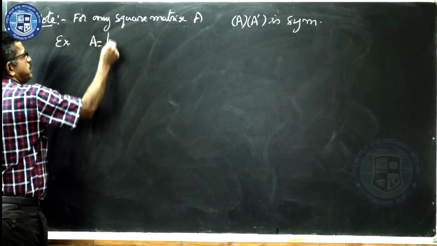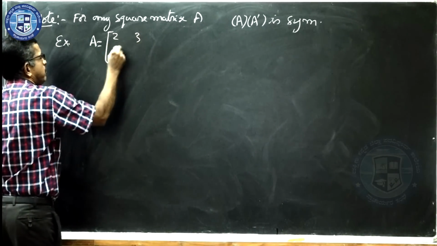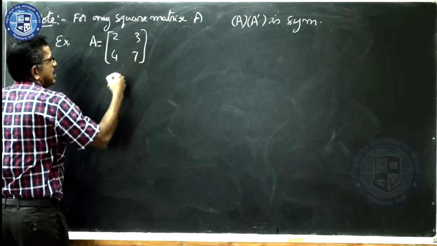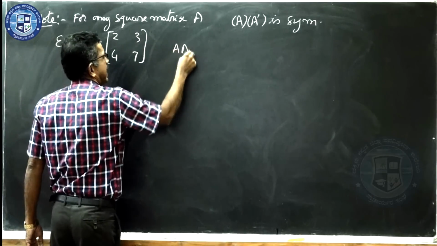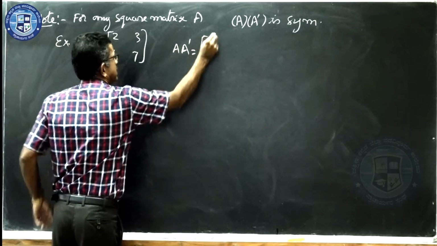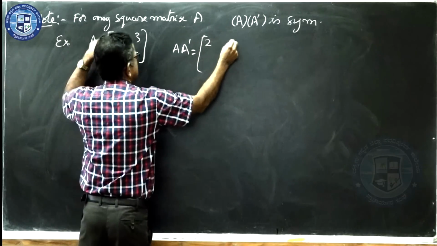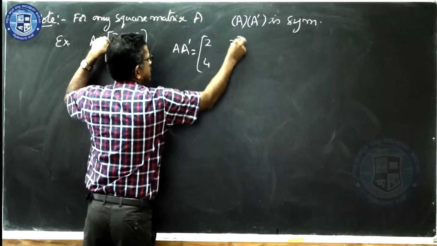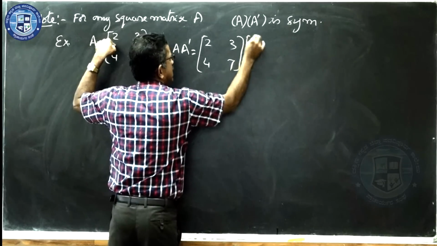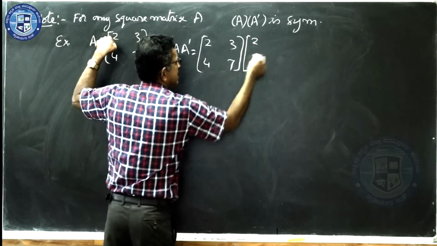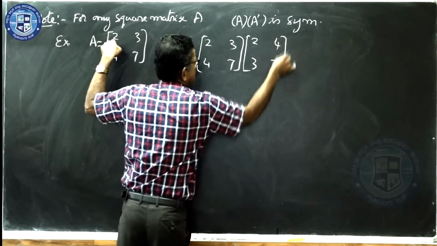If A is equal to 2, 3, 4, 7, what is A into A dash? First A, it is 2, 3, 4, 7. What is its transpose? It is 2, 3, interchange rows into columns, 4, 7.